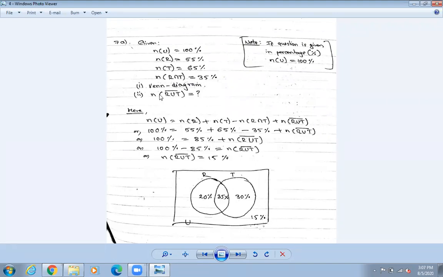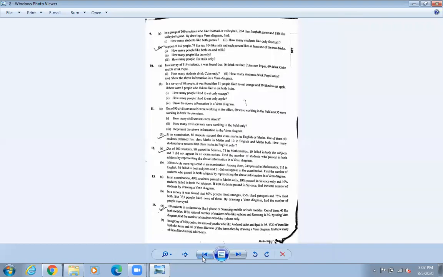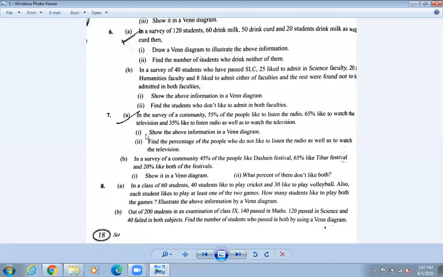And what are you asked to find out? Draw the Venn diagram and find out. So let us see the question once more. Number 7: we are asked to show the above information in a Venn diagram. Then number 2: find the percentage of people who do not like to listen to radio.